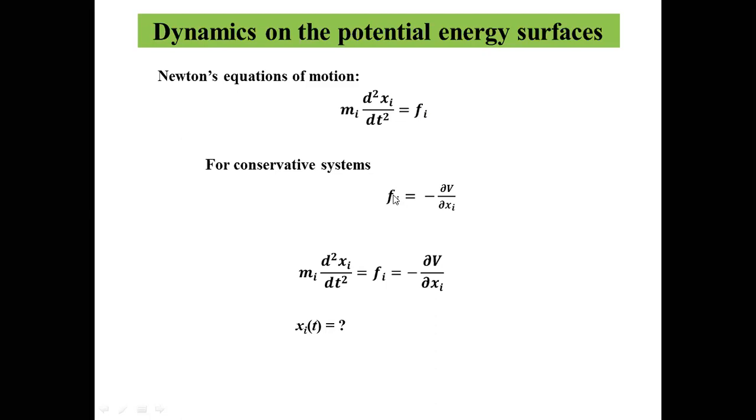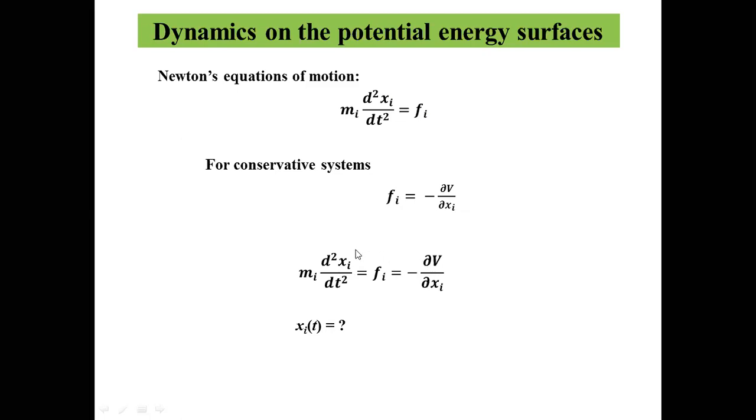Right? Now, if we have this system, then we can equate Newton's equation like this: mass times acceleration, which is force, is nothing but the negative first derivative of the potential with respect to coordinates, right? Now, this is a second order differential equation.